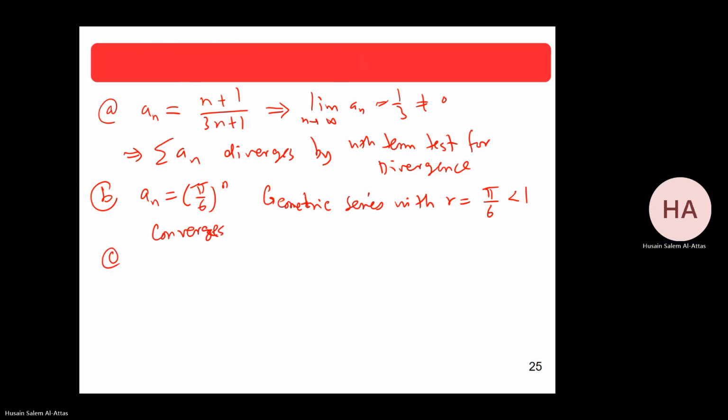Okay, C. a_n is n e to the minus n squared. What shall come to my mind? Yeah, the integral test, because I can't find the integral of this directly, but this is u, this is du somehow.